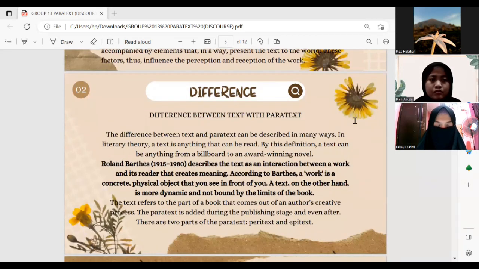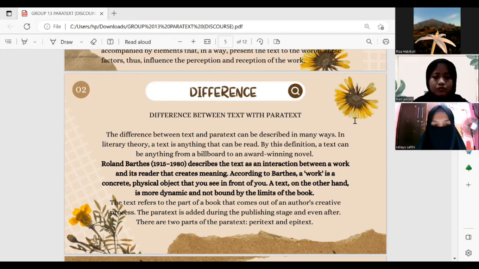There is a difference between text and paratext. The difference can be described in many ways. In literary theory, a text is anything that can be read. By this definition, a text can be anything from a billboard to an award-winning novel.